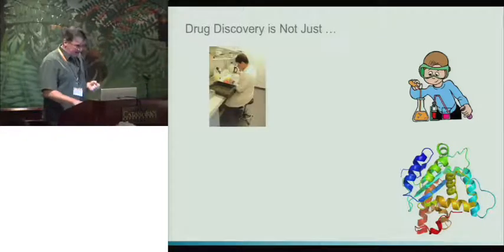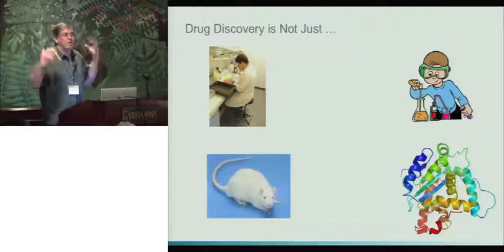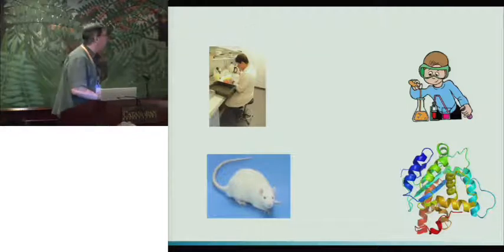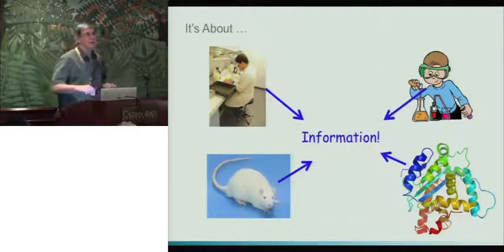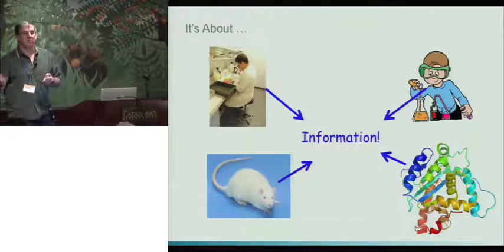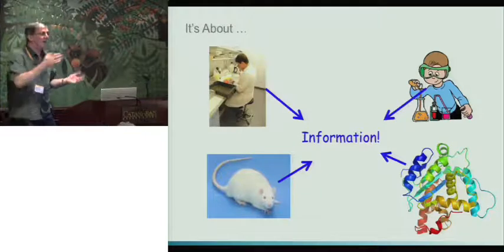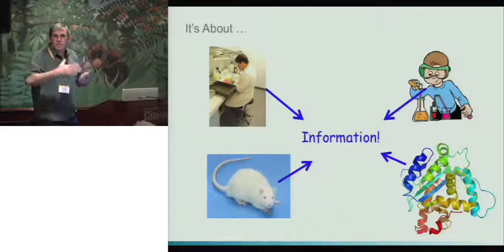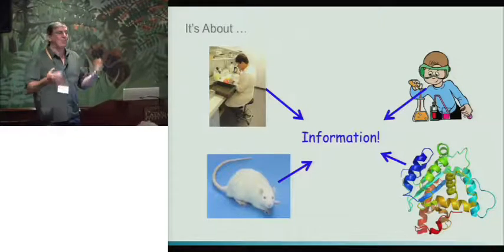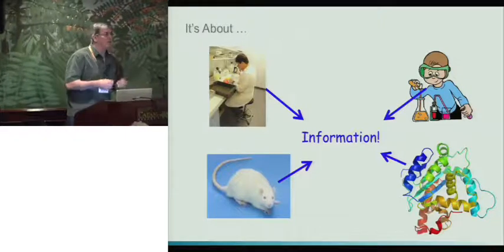It's not all about enzymology. It's not all about animal pharmacology. What drug discovery is really all about is information. It's about making decisions, and drug discovery teams are making decisions every day. Our goal as people working in cheminformatics is to help those people make better decisions.